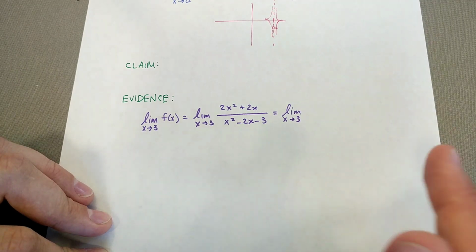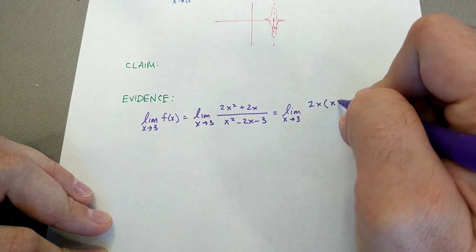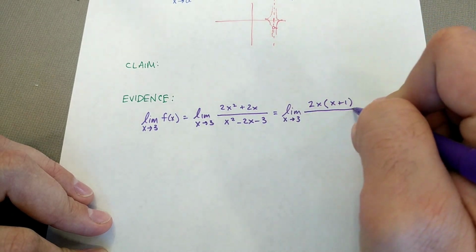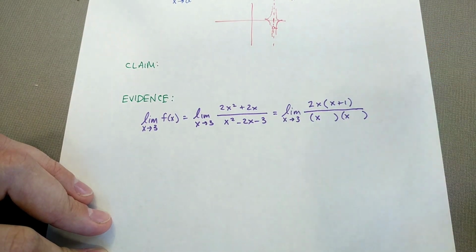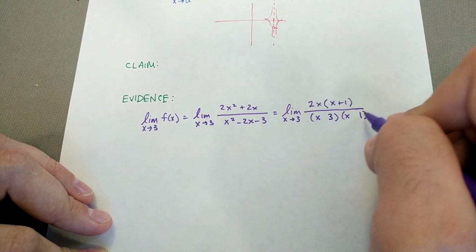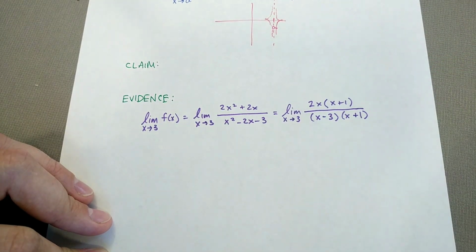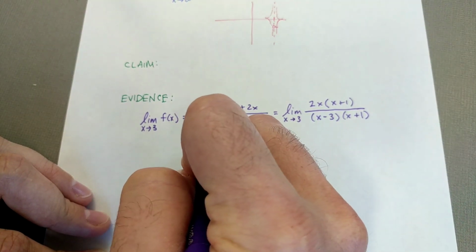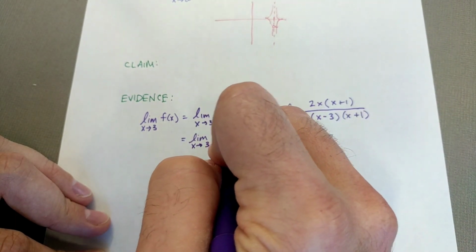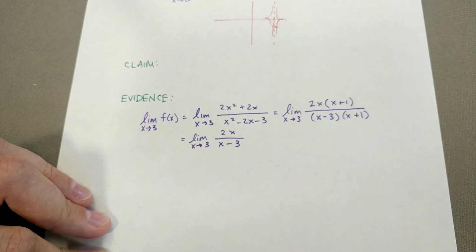So let's see what happens here. This is 2x times x plus 1 in the numerator, and the denominator will factor into x minus 3 and x plus 1. Hey, how about that? So x plus 1 divided by x plus 1. So the limit as x approaches 3 of 2x over x minus 3. Oh, well, this isn't helpful.